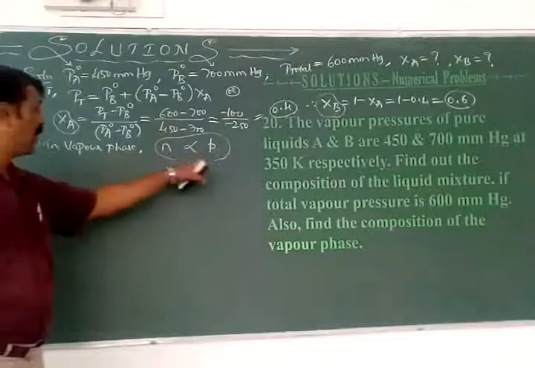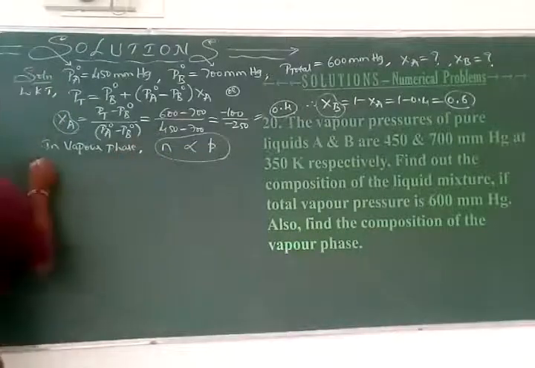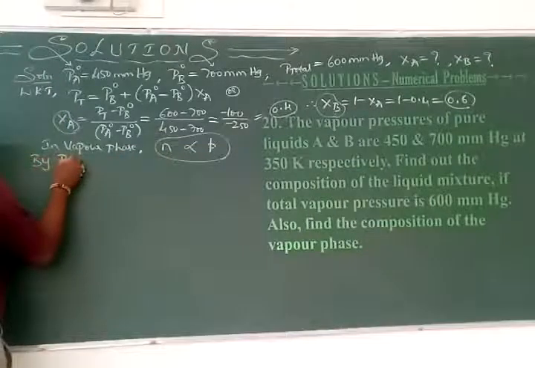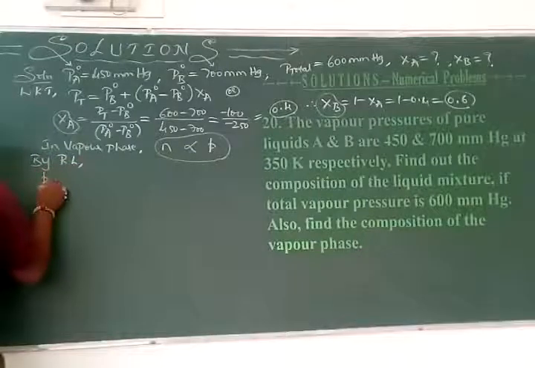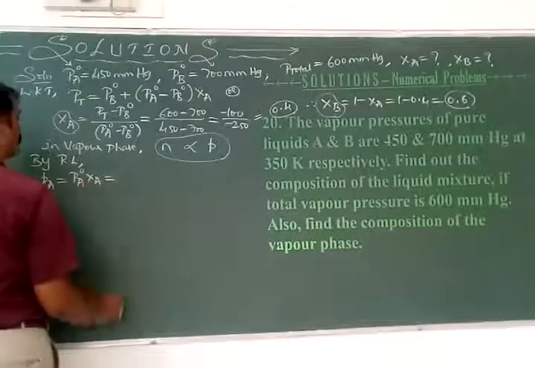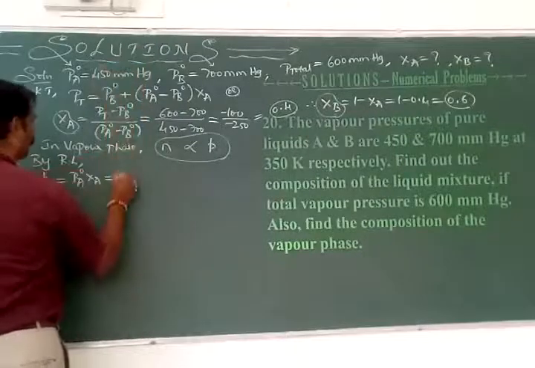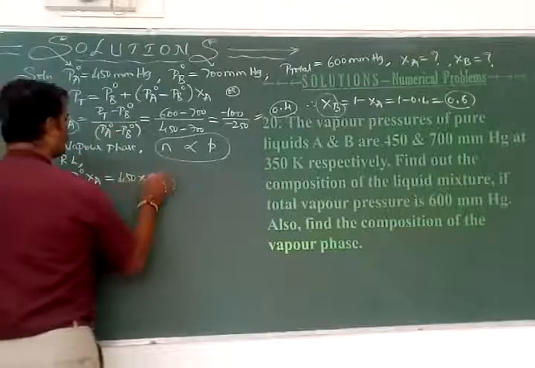So therefore we can calculate the value of the partial pressure. By Raoult's law, PA is equal to PA naught into XA, that is 450 into XA, which is 0.4.